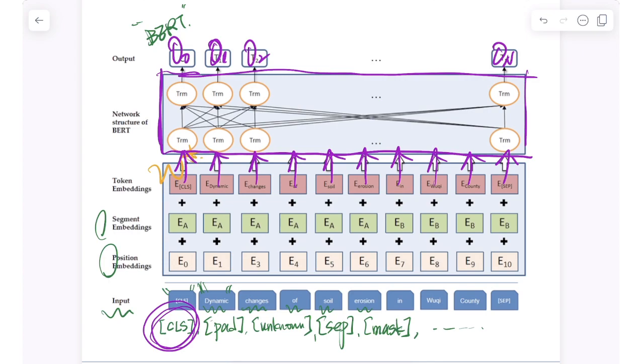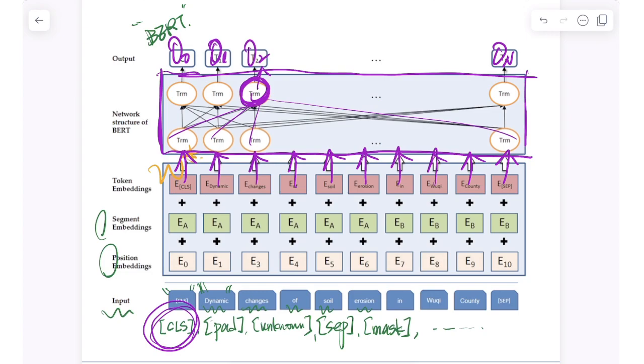So there is O0, which represents the output of the CLS token, and so on. Unlike a recurrent neural network, in the network structure of BERT there are several different layers, and those layers are dense layers. That means when we try to output O2, we receive information from the first token, second token, third token, and the last token.